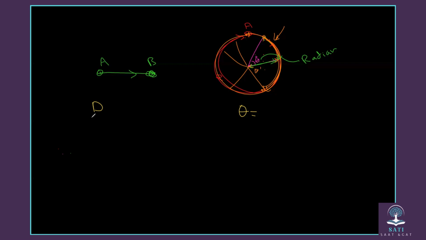So angular displacement means how many angles in radians you moved. The unit of angular displacement is radian, while the linear displacement is meter.